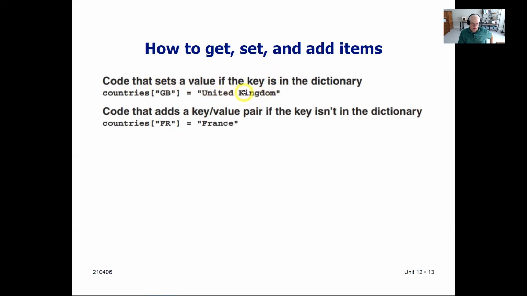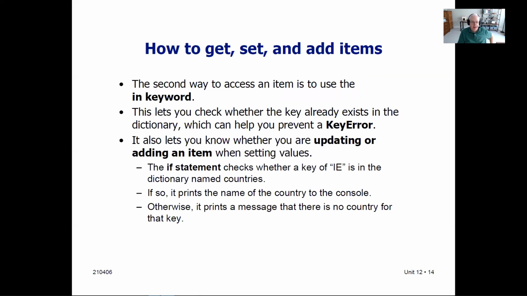That will set it. Okay, if we were to add one, it's exactly the same syntax. So if FR is not one of the keys in the dictionary, then it will create that key and add France. To me, that is worth the price of using dictionaries. It just makes it so easy. It minimizes the challenge of this.